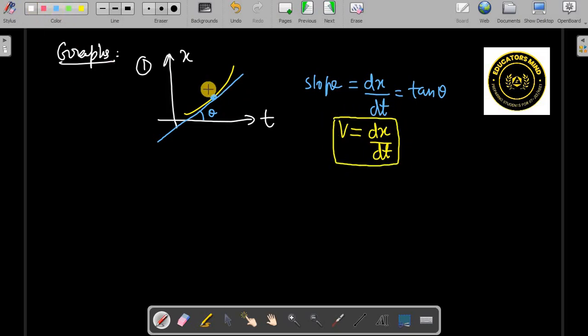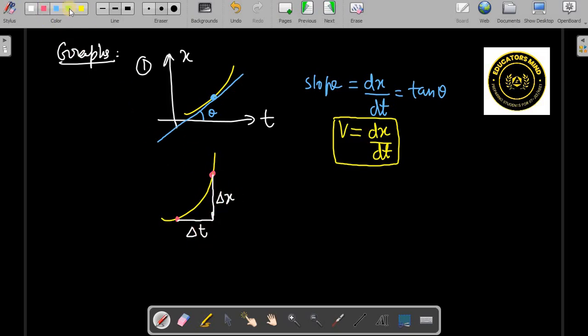Okay, and here, if I have to calculate average velocity, then we have to take the slope of the secant. For example, if this is the graph, you take 2 points and join them. You can see delta x by delta t, because along this is delta t and along this is delta x.